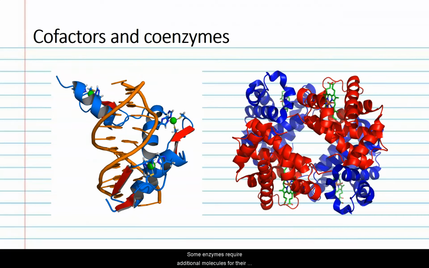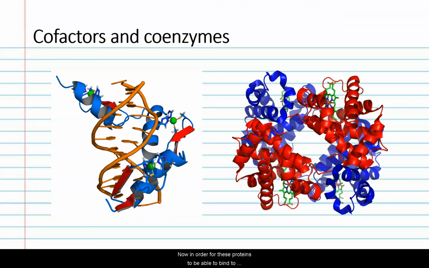Some enzymes require additional molecules for their activity. So a cofactor is an inorganic substance that is necessary for the activity of an enzyme. On the left-hand side of your figure, we have an example of what's called a DNA binding protein, or a zinc finger domain. These are proteins that bind to DNA.